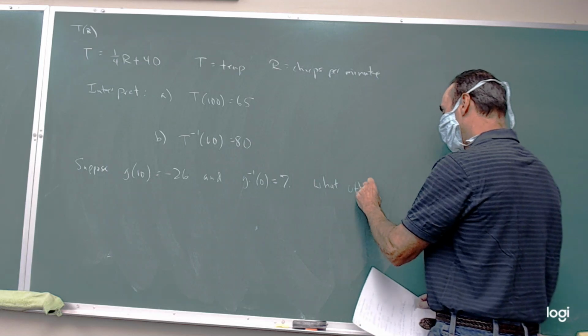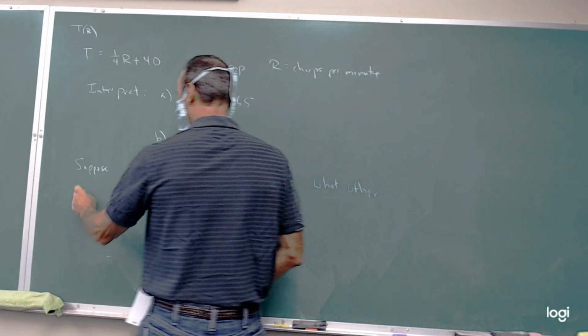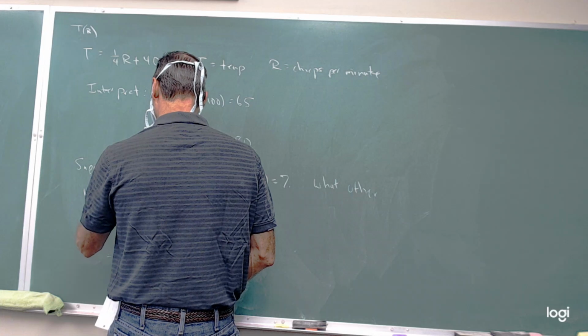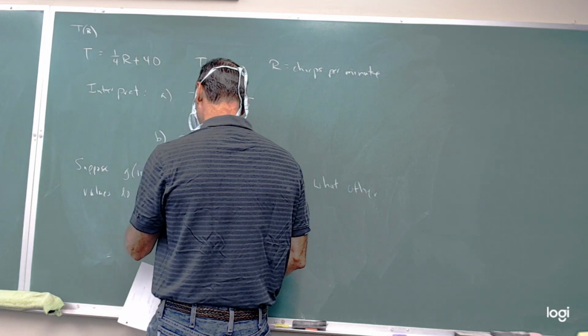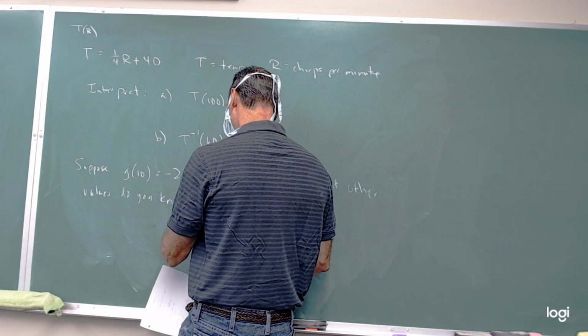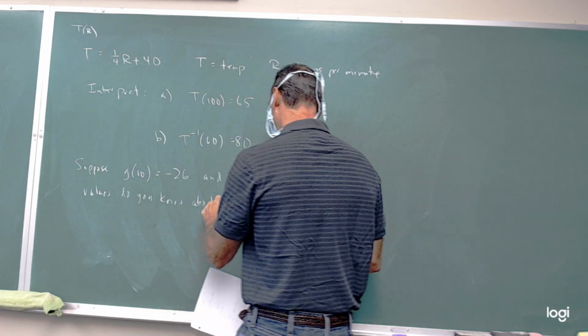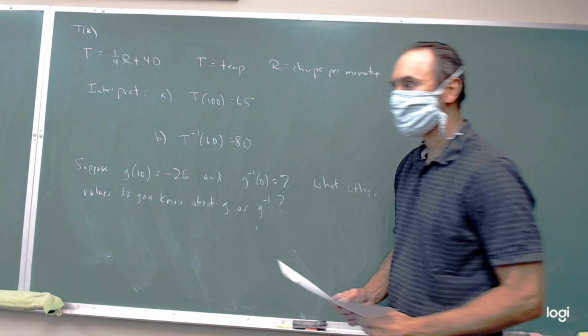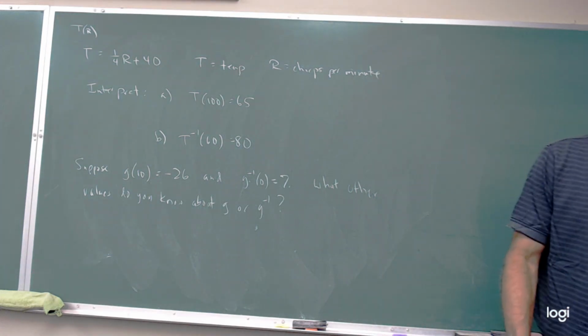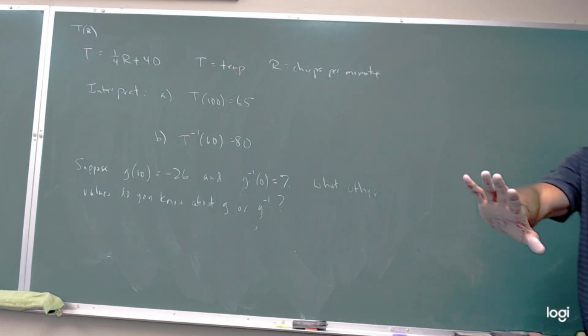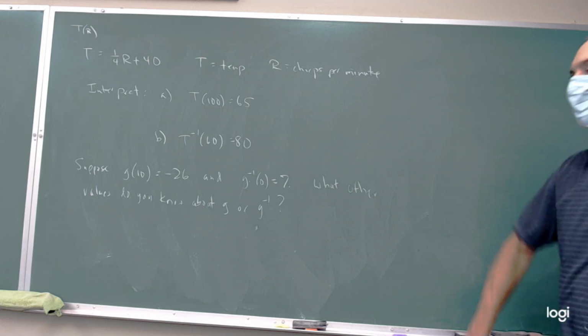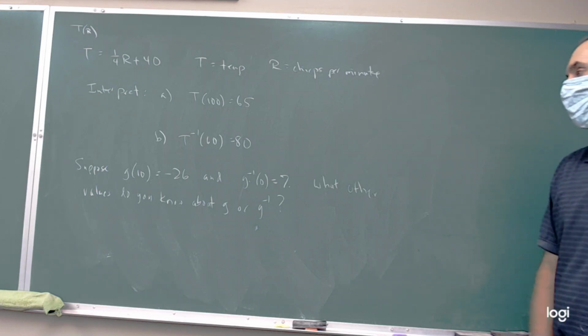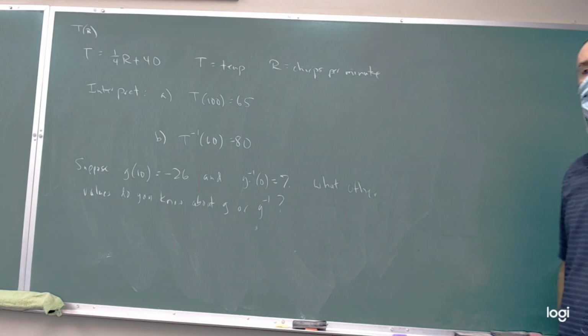What other values do you know about either g or g inverse? Understand what I'm asking here? Well, let me give you a minute to think, because I'm not sure if everybody does, but Nora's on it. Okay. So hopefully you know two other values, if you can figure out what this means.